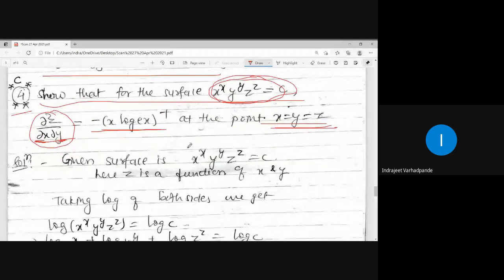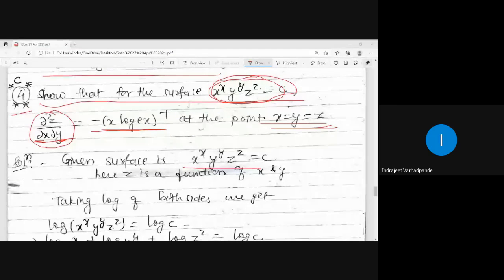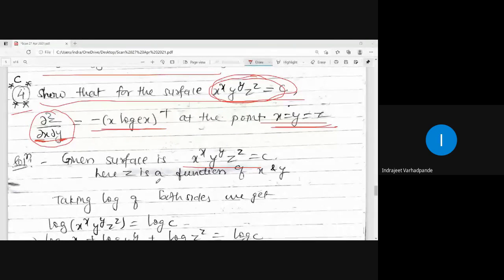From the given surface, x to the power x, y to the power y, z to the power z is equal to c, I identify that z is a function of x and y. To get the simplified form of this curve, I first take logarithm of both sides. Once you take log, your terms can be easily separated out and handled for differentiation.